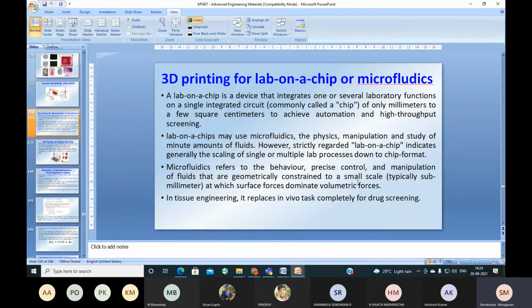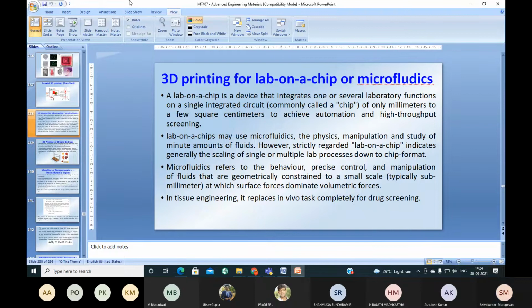Now here come the questions: why is 3D printing also used for lab on chips or microfluidics? Again, the same thing: if you want to fabricate with a layer by layer approach, one layer can be fibroblast, another layer a polymer-based one, and the next layer a protein-based one. All those three-dimensional structures cannot be made with other techniques.